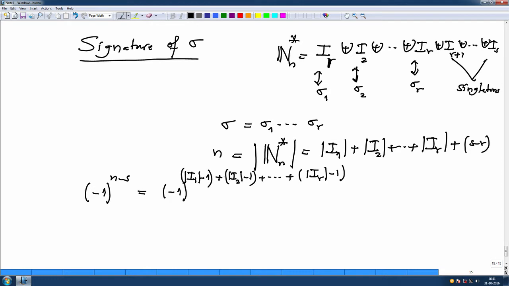This minus 1 comes exactly r times, and this s I have shifted to this side. So this is the same as minus 1 power cardinality I1 minus 1, times minus 1 power cardinality I2 minus 1, and so on, times minus 1 power cardinality Ir minus 1.